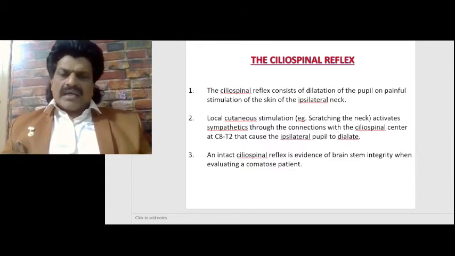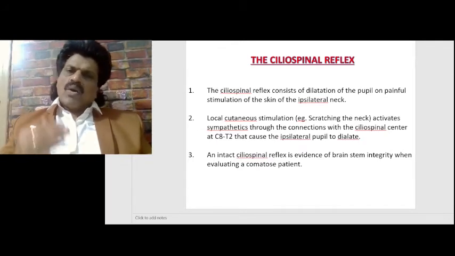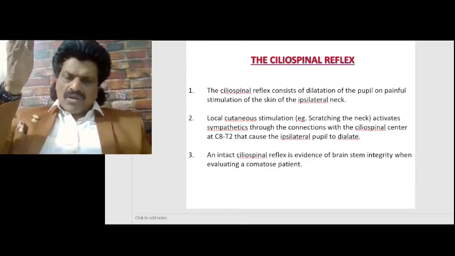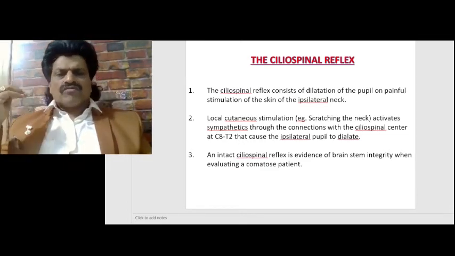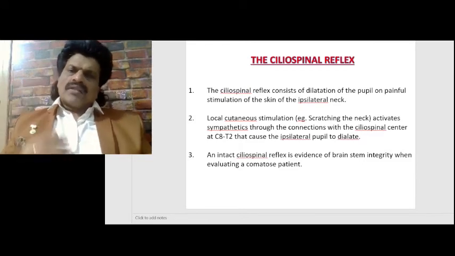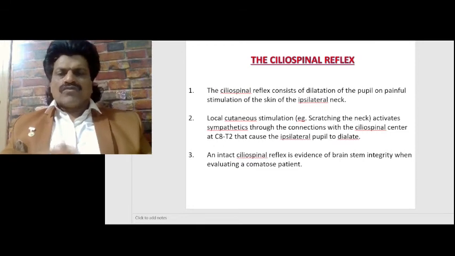We all know that there are three orders of the sympathetic pathway: the first comes from the hypothalamus, going through the brainstem till C8-T2. The second order comes from C8-T2, goes over the apex of the lung to the superior cervical ganglion, and the third order goes from the superior cervical ganglion to the pupillodilator fibers.